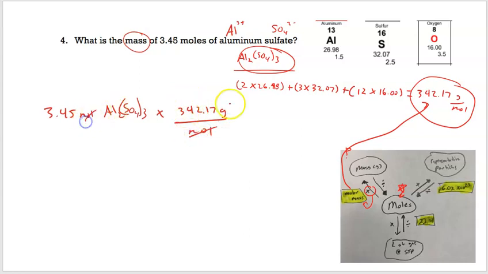Cross off our moles, and we're going to get a whopping value of 1,180 grams Al2(SO4)3, or 1.18 times 10 to the third grams if you wanted to use scientific notation.